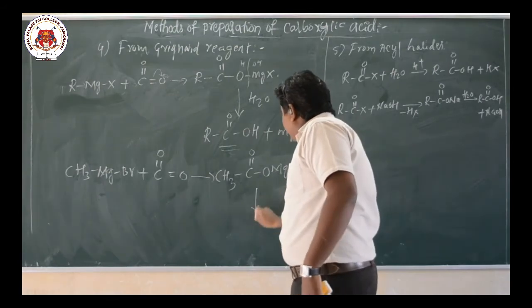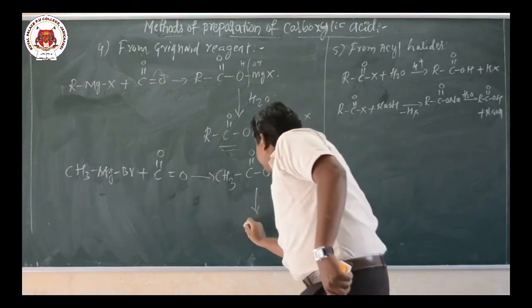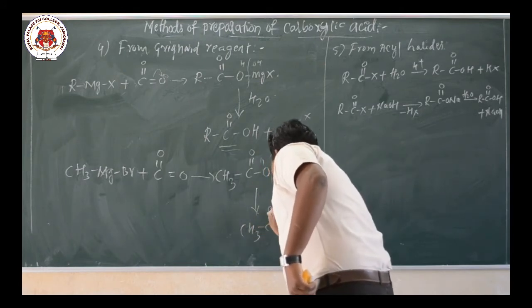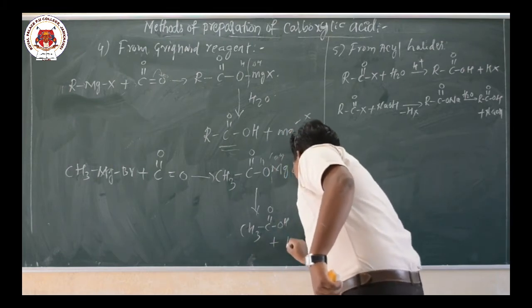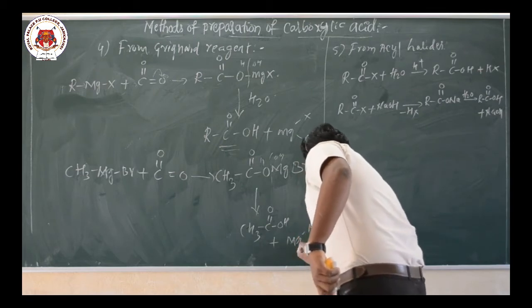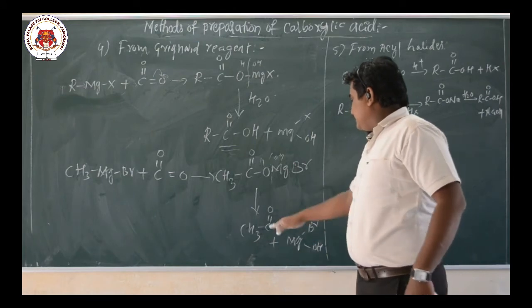On hydrolysis, breaking H part, OH part, this becomes CH3 C double bond OH plus MgBrOH. Okay, MgBrOH. Now this is acetic acid, CH3COOH.